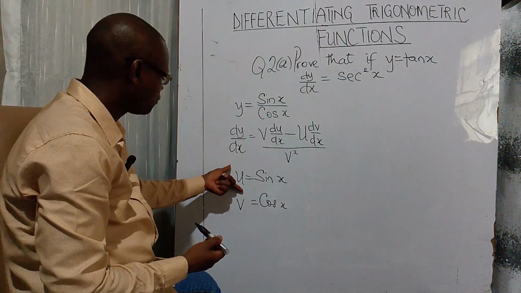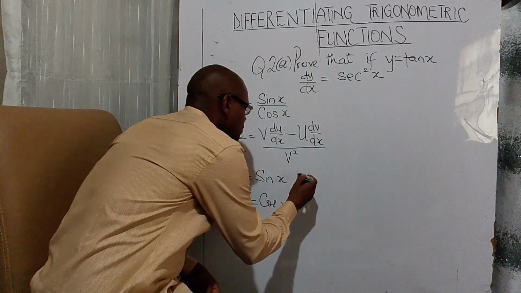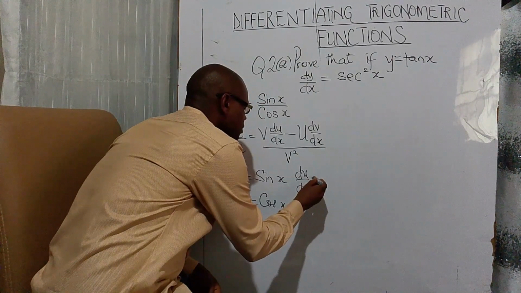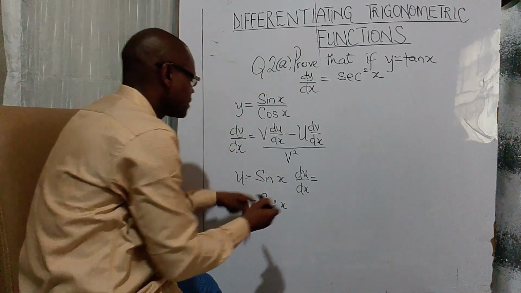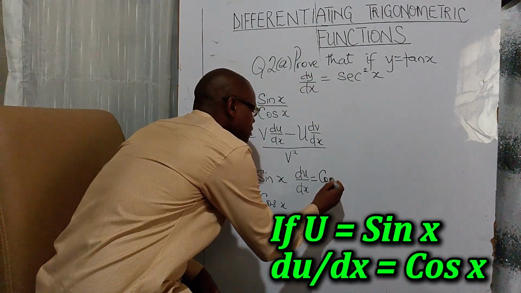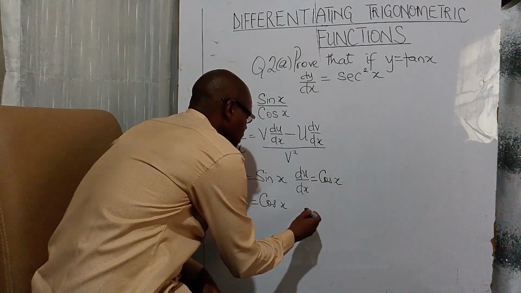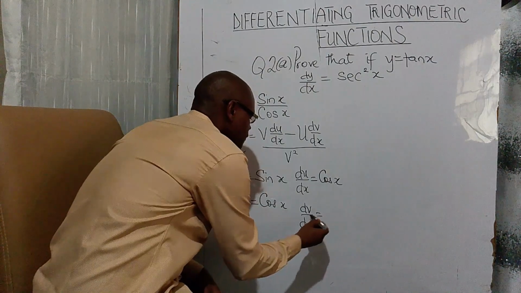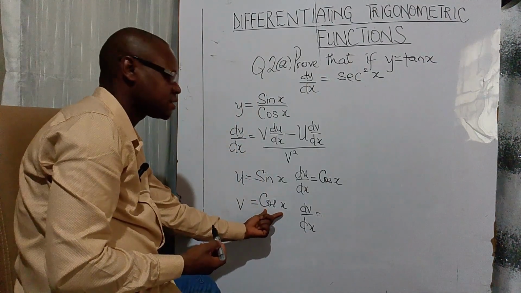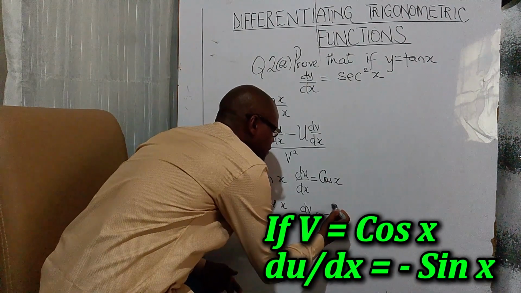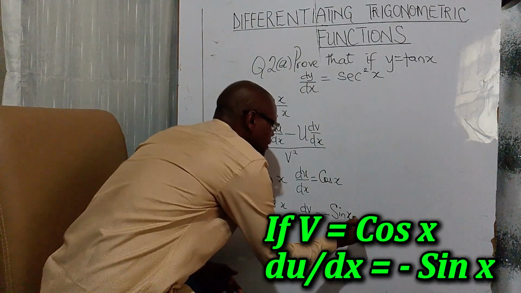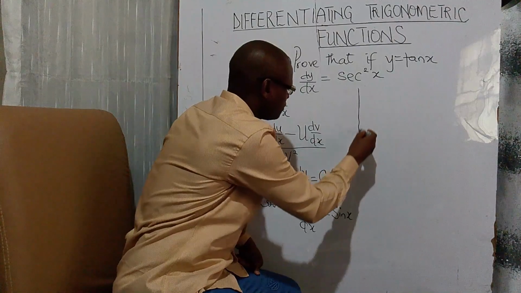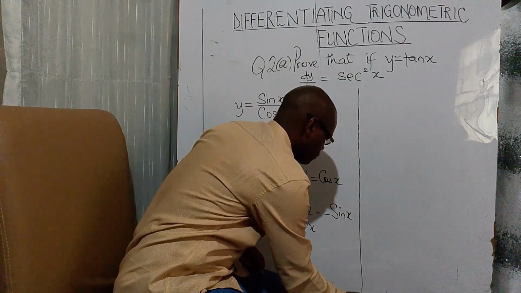So du dx becomes the differential of sine x, and that becomes cos x. And our dv dx, when you differentiate cos x, we have minus sine x. So let's split the board here so that we can have the remaining part of the solution on the other side.